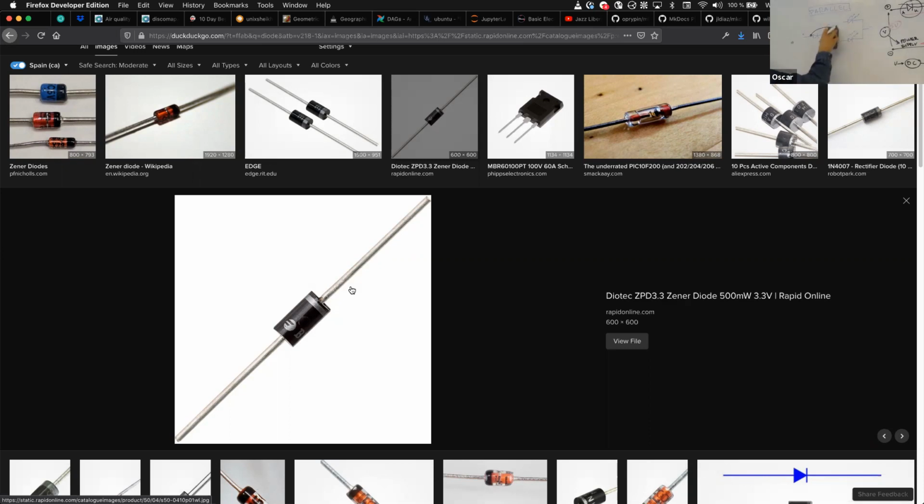Now, the current that I had before, this current here, when it gets here, what happens with it? It will divide, and it will split between one side and the other.